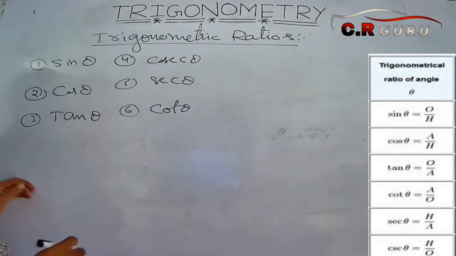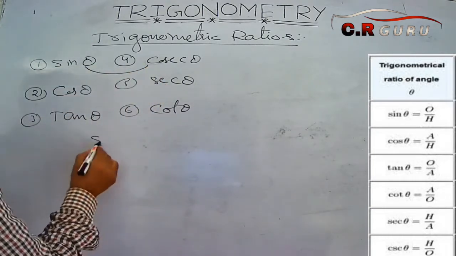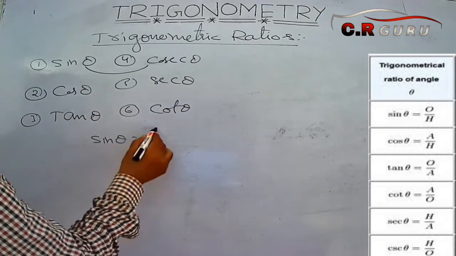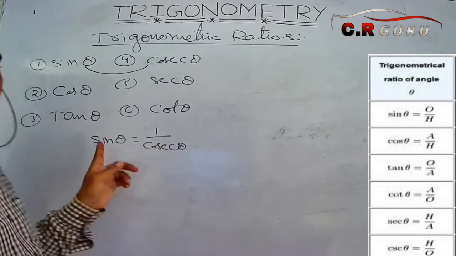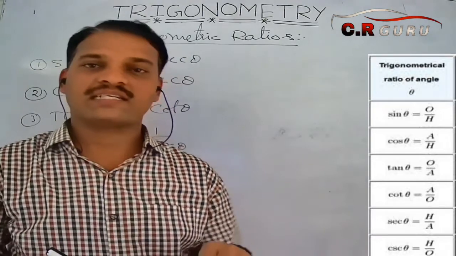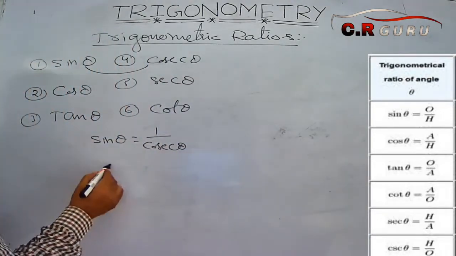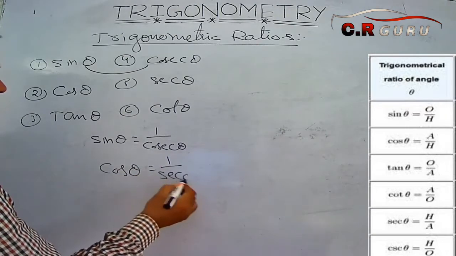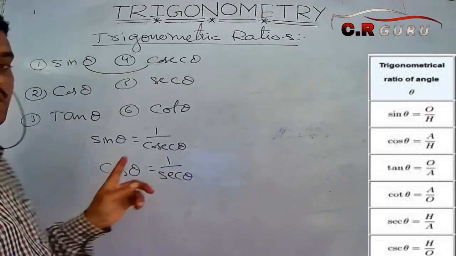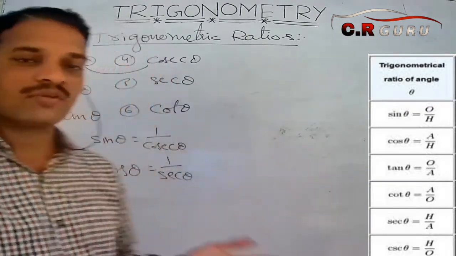In that, sin theta's reciprocal is cosecant theta, means sin theta is written as 1 by cosecant theta. Why? Because sin theta's reciprocal is cosecant theta, cosecant theta's reciprocal is sin theta, and similarly cos theta can be written as 1 by secant theta, means cos theta's reciprocal is secant theta, secant theta's reciprocal is cos theta.